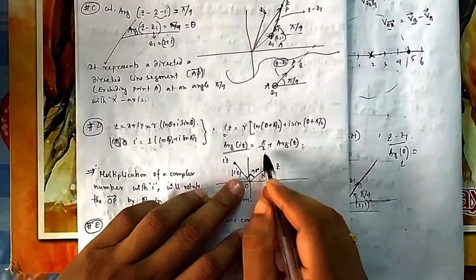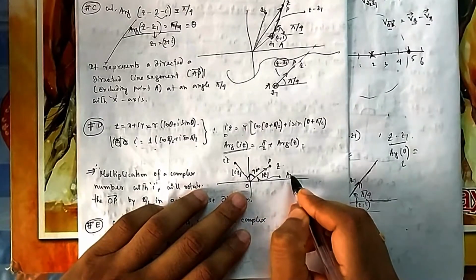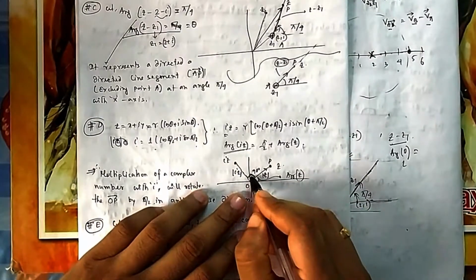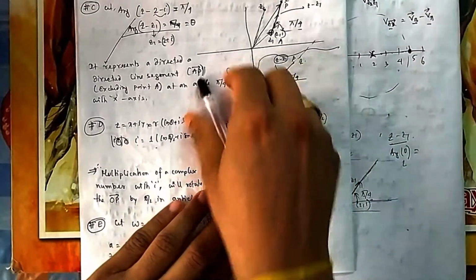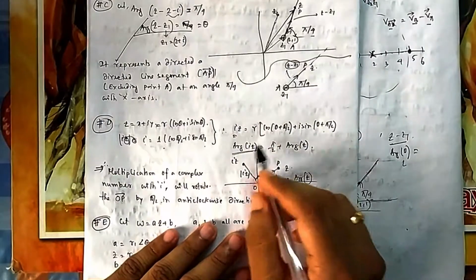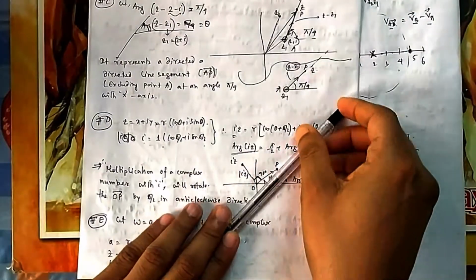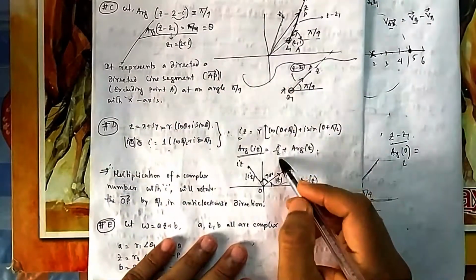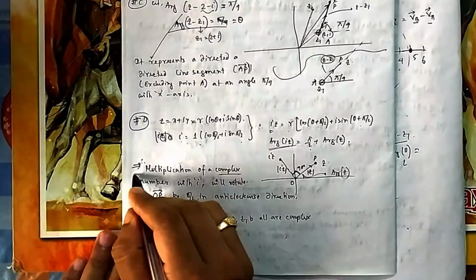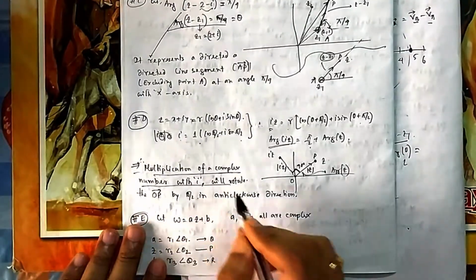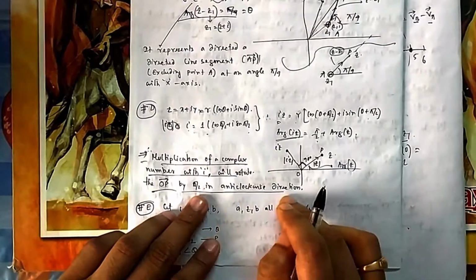The argument of this one will be 90 plus the original argument of z. So by multiplying by i, you are just rotating it 90 degrees in the anti-clockwise direction. If you multiply by minus i, it will be in the clockwise direction. Multiplying by i is anti-clockwise because the argument is added. You have to remember that multiplication of a complex number by i will rotate OP by an angle of 90 degrees.